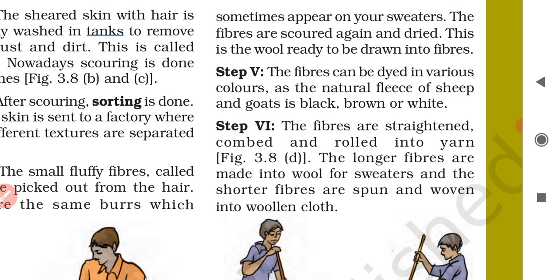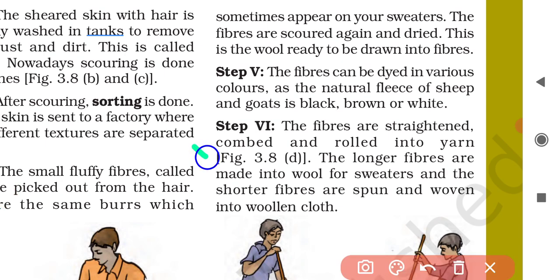The short woolen fibers are spun into fine yarn, and then it can be woven into a loom to make woolen cloth, or it can even be used to make shawls. Remember, the long woolen fibers are spun into thick yarn called wool, used for knitting sweaters, and the short woolen fibers are spun into fine yarn, woven into a loom to make woolen cloth. Clear?